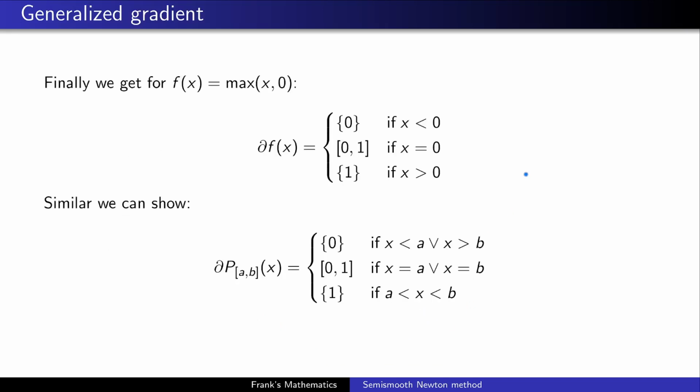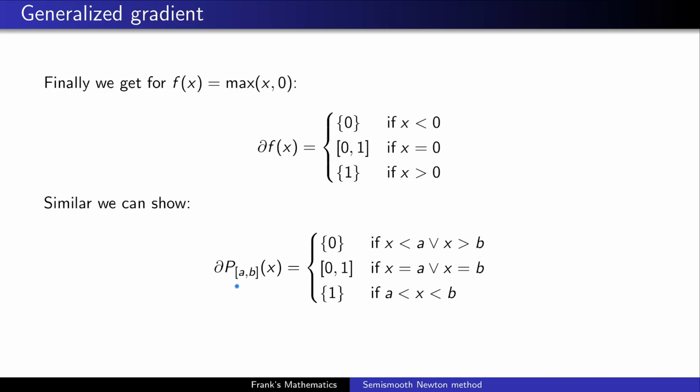So let's put it on one slide. We get for our function f that the generalized gradient can be written in this form here. So we just computed this. And similarly, if you do it for the projection function, you get the following. You get 0 if x is less than a, or x is greater than b. So these are the points outside the interval.